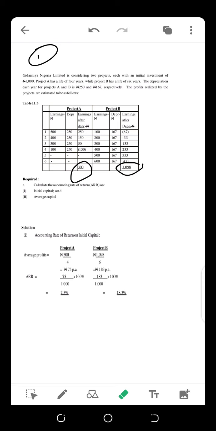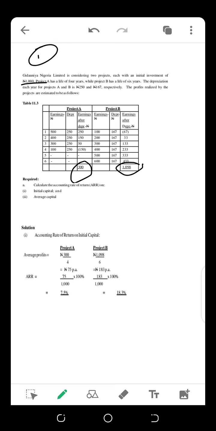Then what is our initial investment? Go back to the question and read. Oh, cool. We have our initial investment of 1,000, right? Meaning that the initial investment is for both projects.